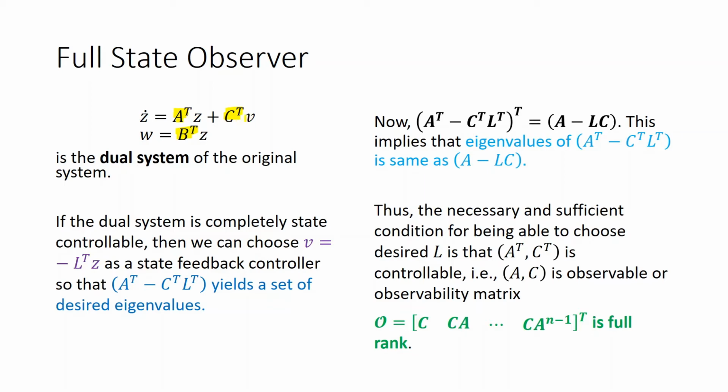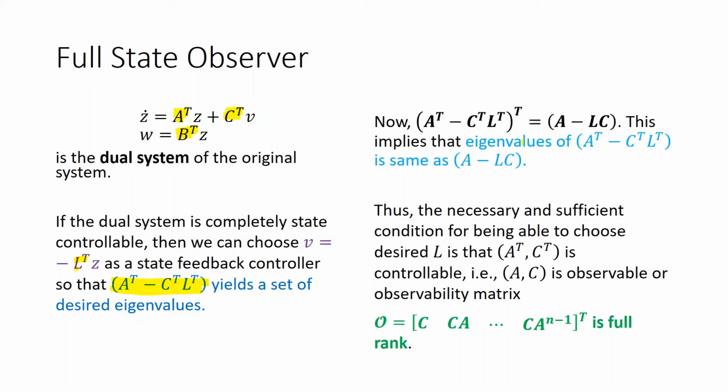We can choose a state feedback gain which I term as L transpose here. We can actually do that, that is already proved, and then the closed loop system matrix will be this. By choosing L transpose we can get a desired set of eigenvalues.